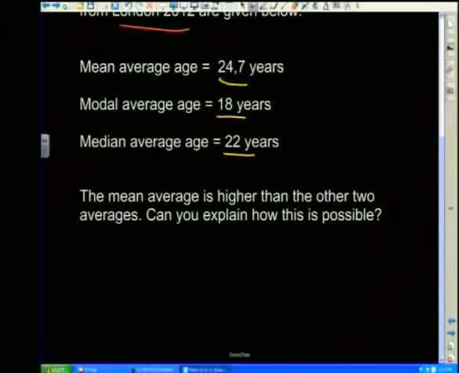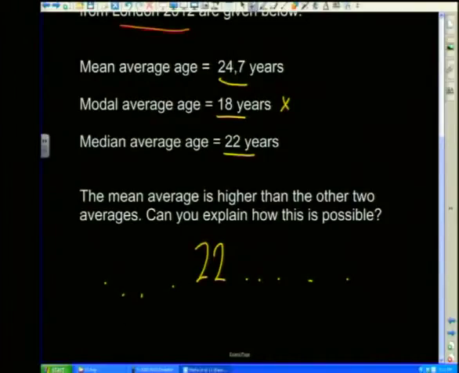Right, well, our modal just means that that's the number that occurs the most. And our median means there's as many higher as lower. So if 22 is our median, we've got as many swimmers higher as we do lower.